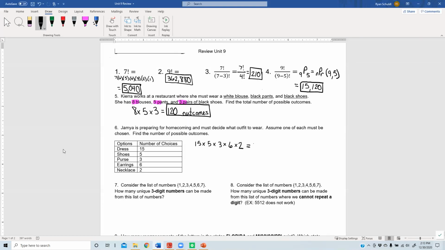So you just, like I said, go down the table and multiply, and you'll get 2,700 outfits. Or outcomes, however you want to say it. It's 2,700 of them, however you say it.